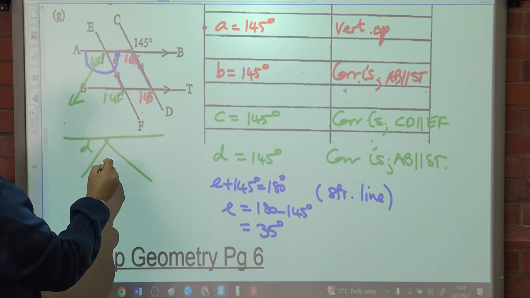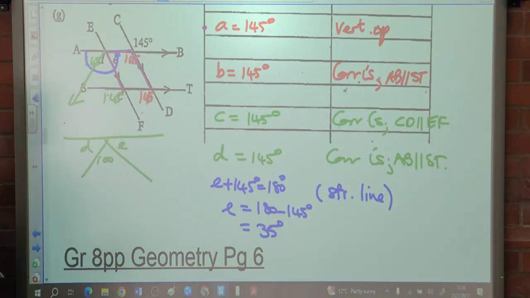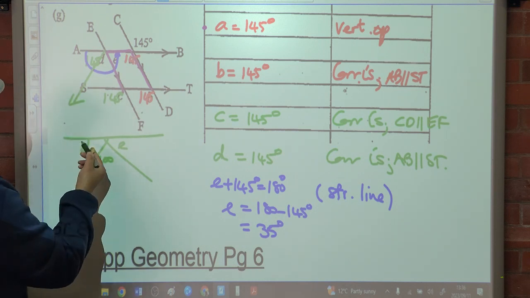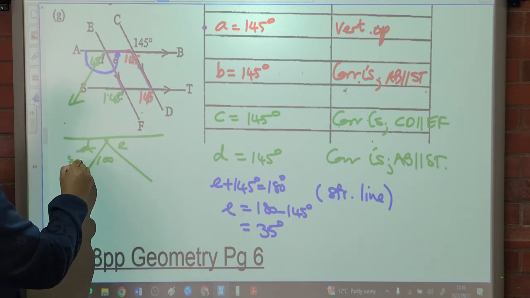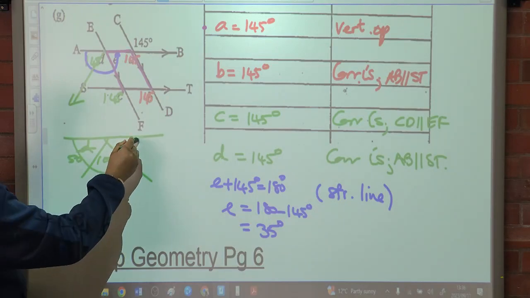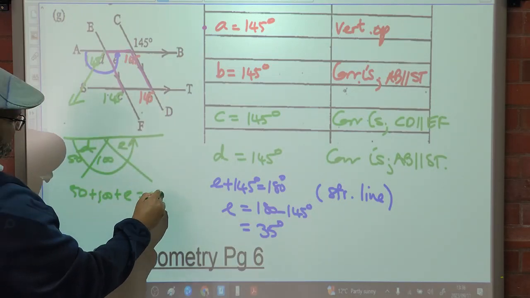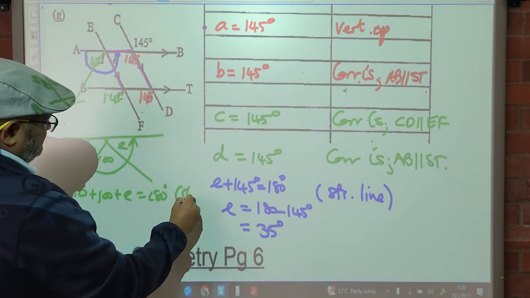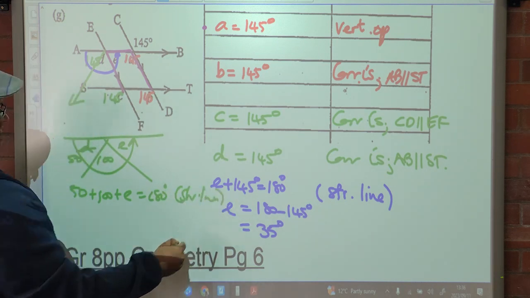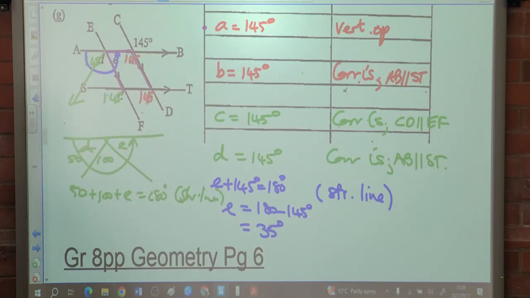So it will be D and maybe 100 and then E like that. Now you must know one of the angles. So we say D is 50. Then you're going to have angles on a straight line: 50 plus 100 plus E is equal to 180. You can have more than one angle on a straight line.